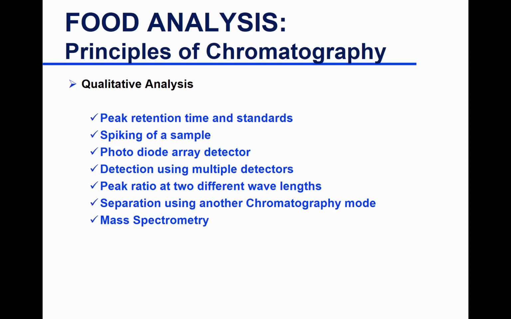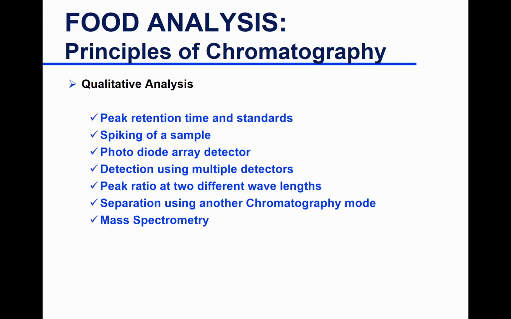So I'm going to call this lambda max. Lambda max means the wavelength at which I have maximum absorption. So this is unique for X. Y could be like that, with lambda max at 320.